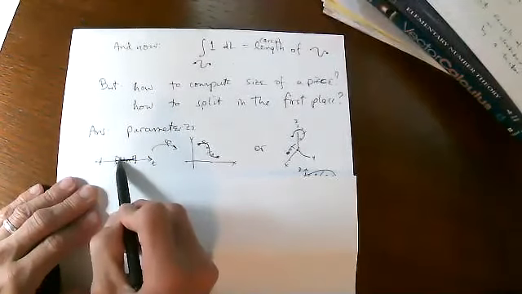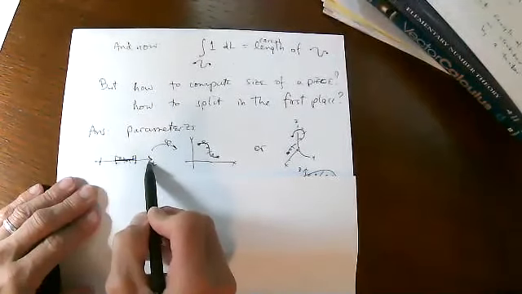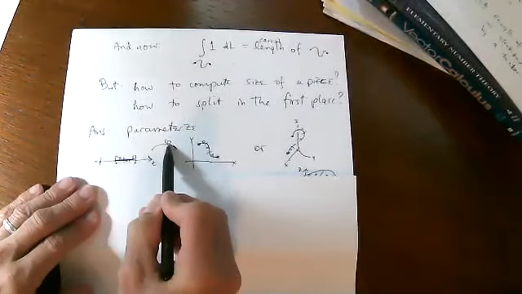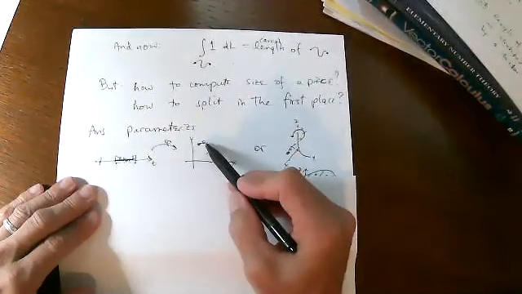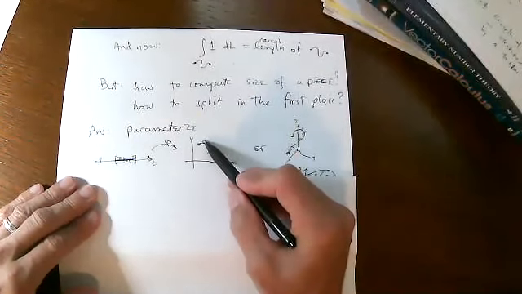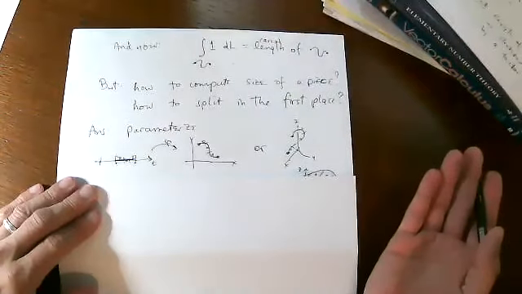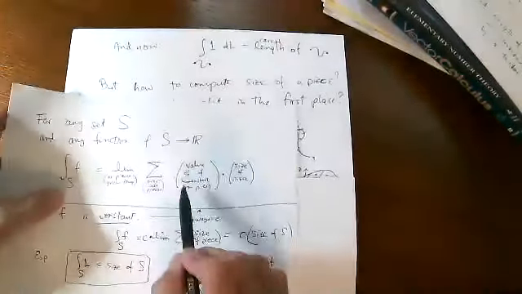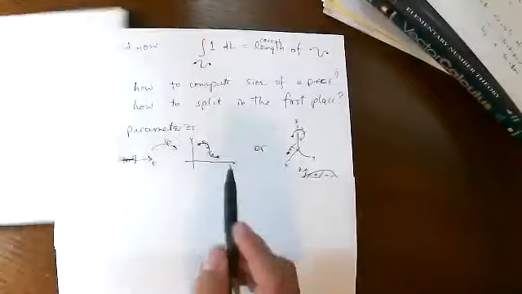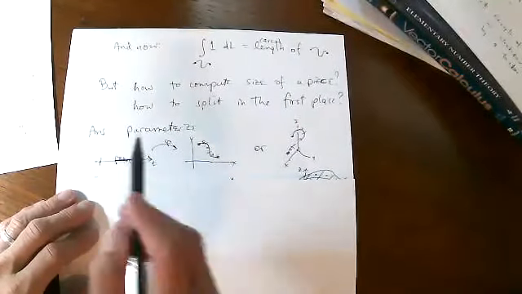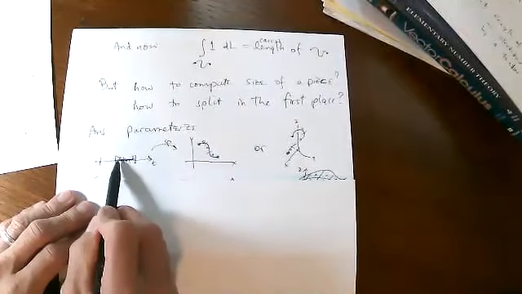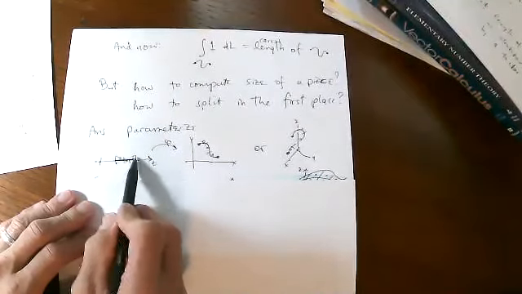You're starting with a point on this interval of time. You're applying phi to that first to get a point in the xy plane, and then you're evaluating the function f at that point to get some real number. That's the number that's going to go into these formulas. So really what you're doing is evaluating f composed with phi. That composite function is being evaluated at these points on the t-axis.